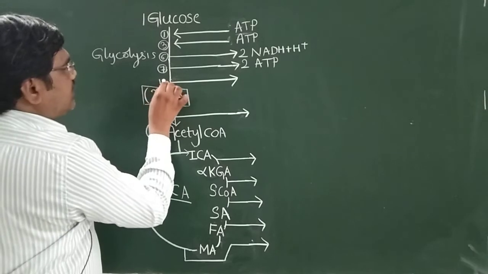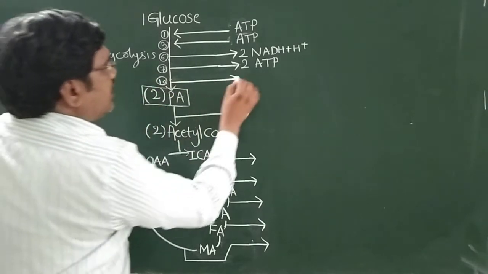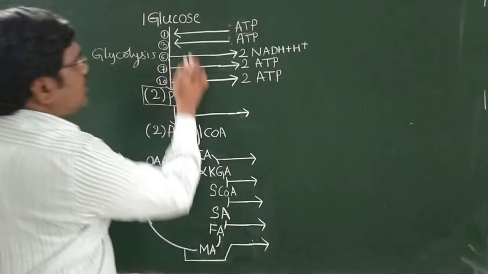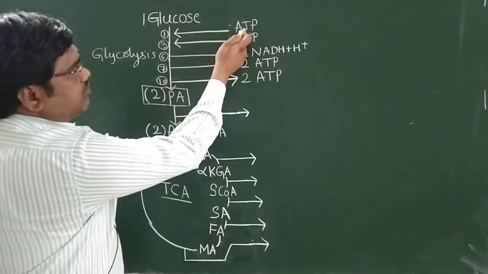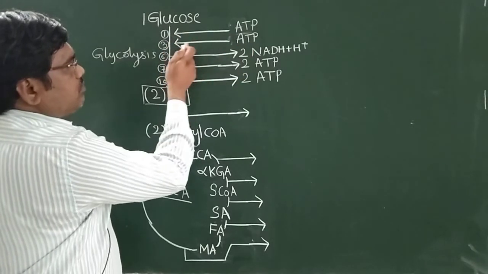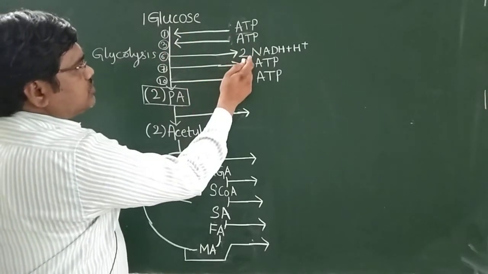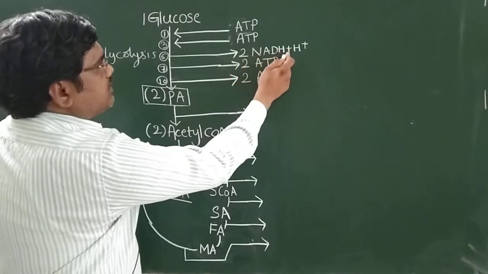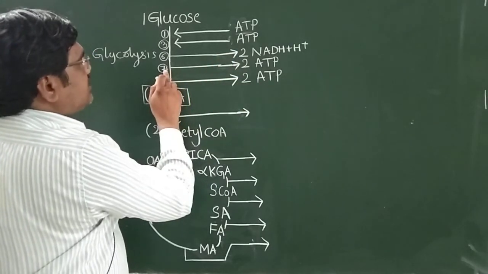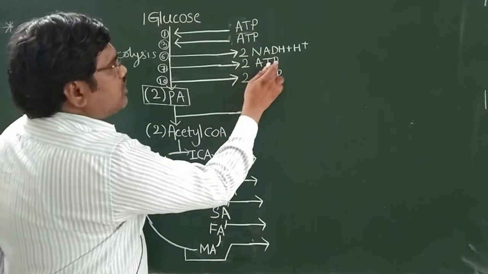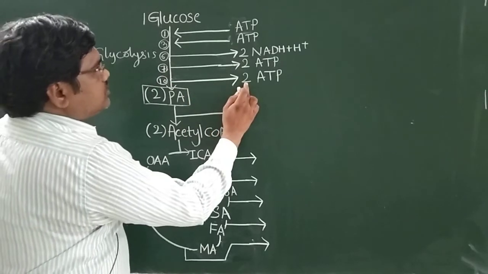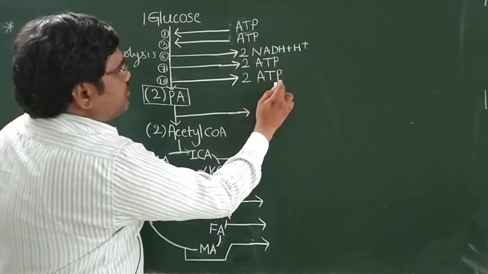At the 10th reaction in glycolysis, again two ATP molecules are produced. So during glycolysis, two ATPs are consumed, two NADH plus H plus are produced, and two ATPs each at the seventh and 10th reactions.